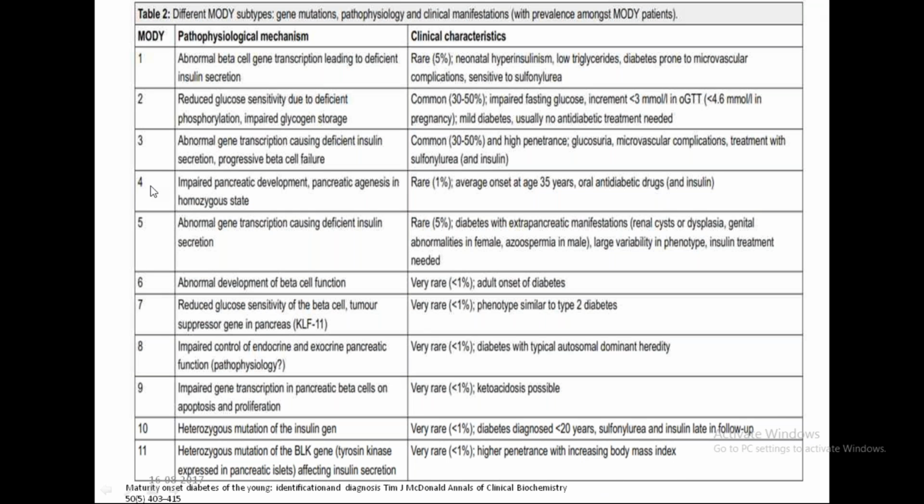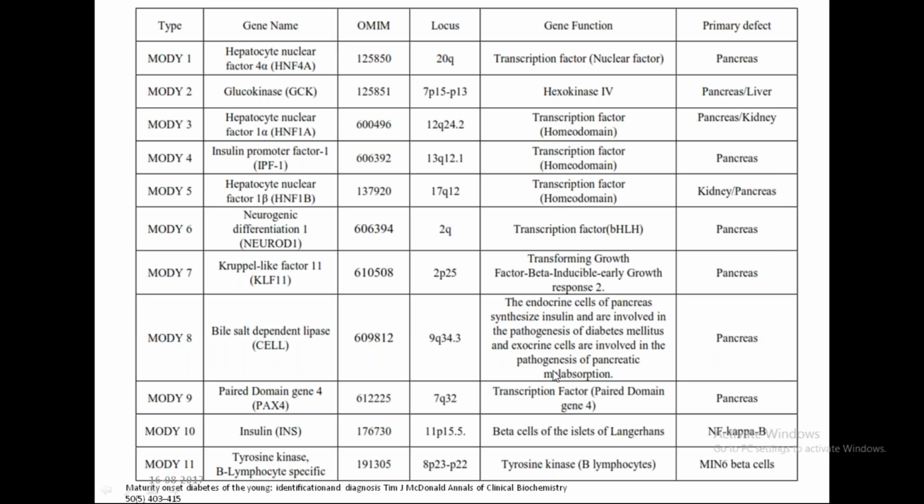So in this table, only that pancreatic and renal cyst and female genital abnormality, everything you go with the fifth one, HNF1 beta, and then ketoacidosis is in case of 9. That is PAX4 transcription factor involvement.